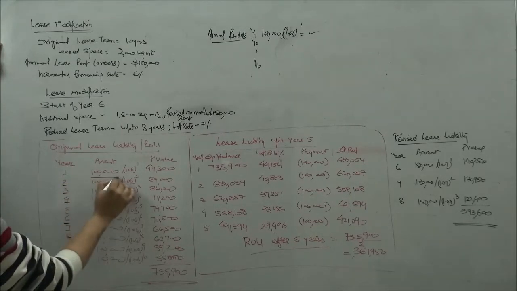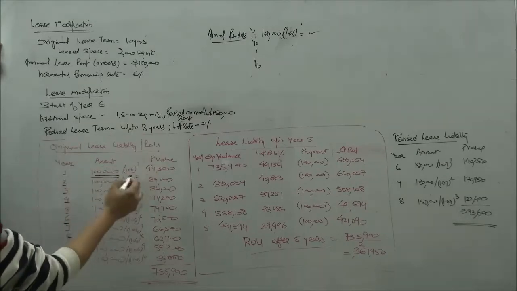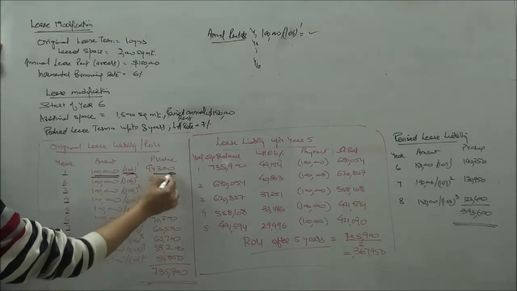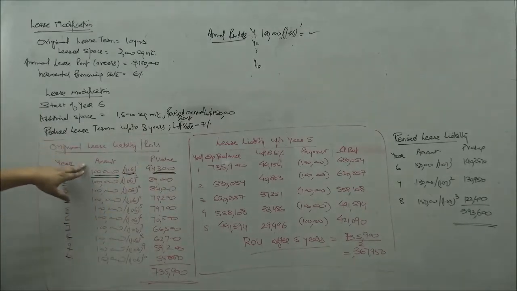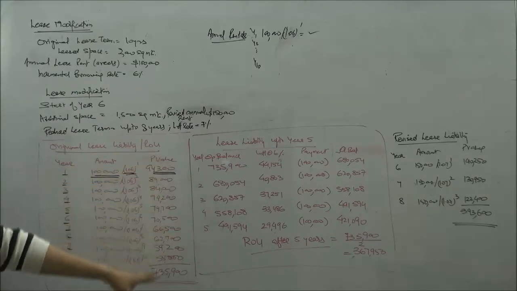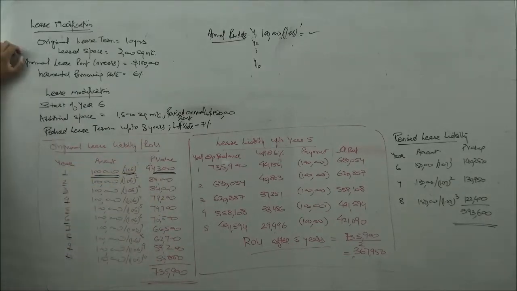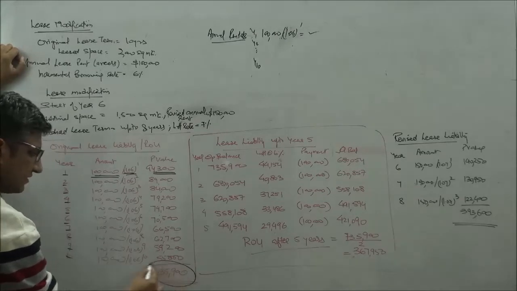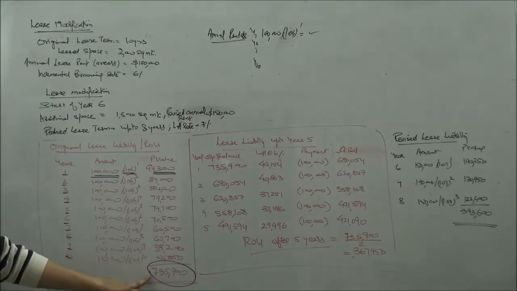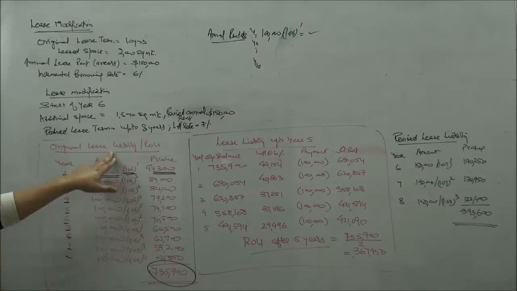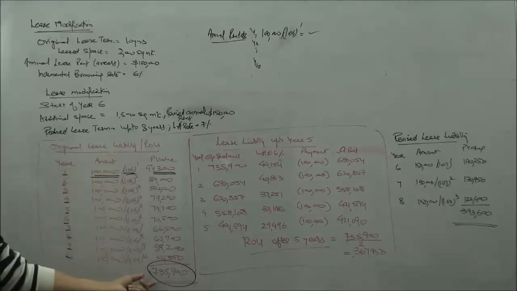The amount is $100,000 at the end of year 1, which means the present value would be calculated by discounting it at 6%. I'm just taking a rounded number, which gives me a total amount of 735,900. So this is my initial lease liability as well as the right of use asset.